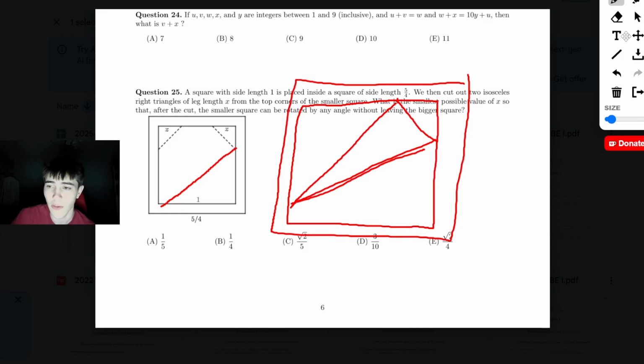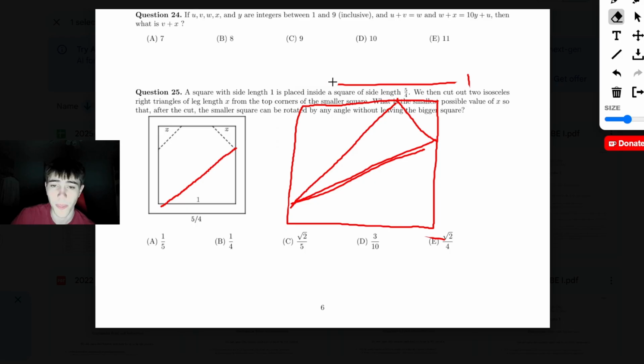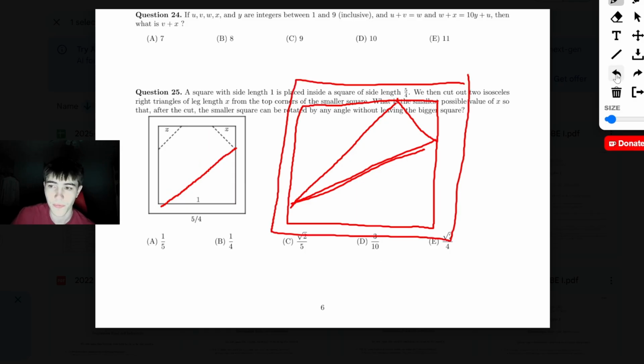So if what we want is for this length to not get caught, then all we need is to make sure that this length is less than 5/4, right? Because that's that length right there, okay?